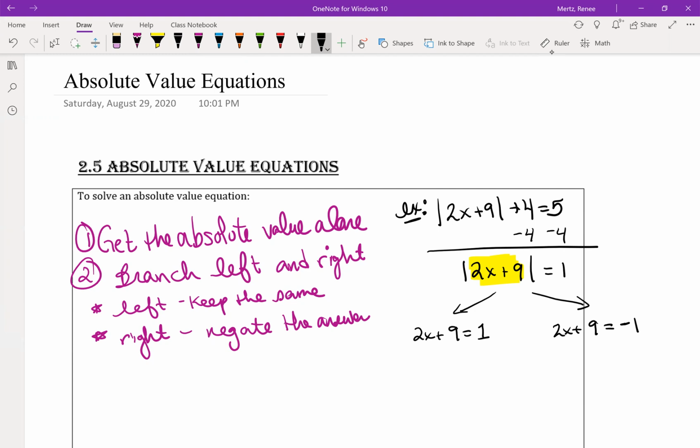Step 3 is going to be to solve both equations. So go ahead and solve both of these for x.